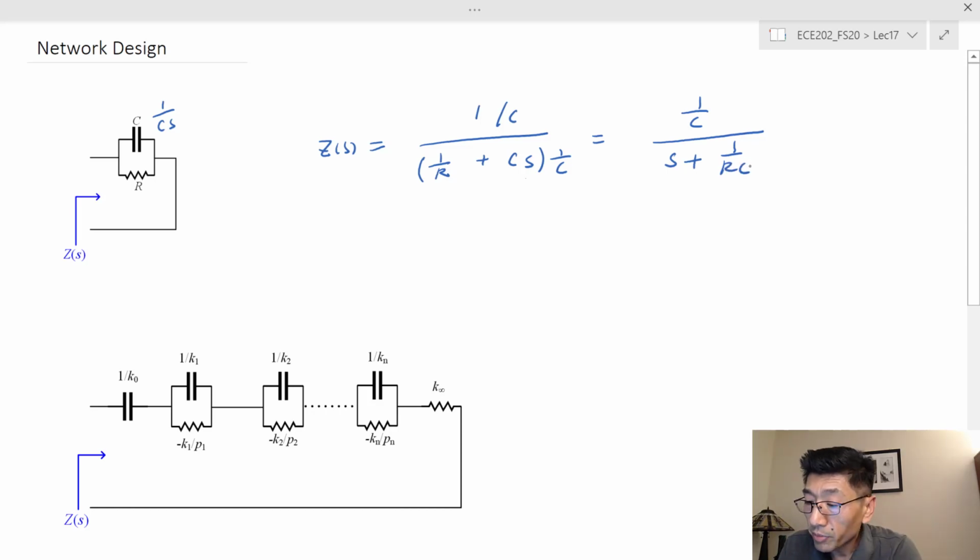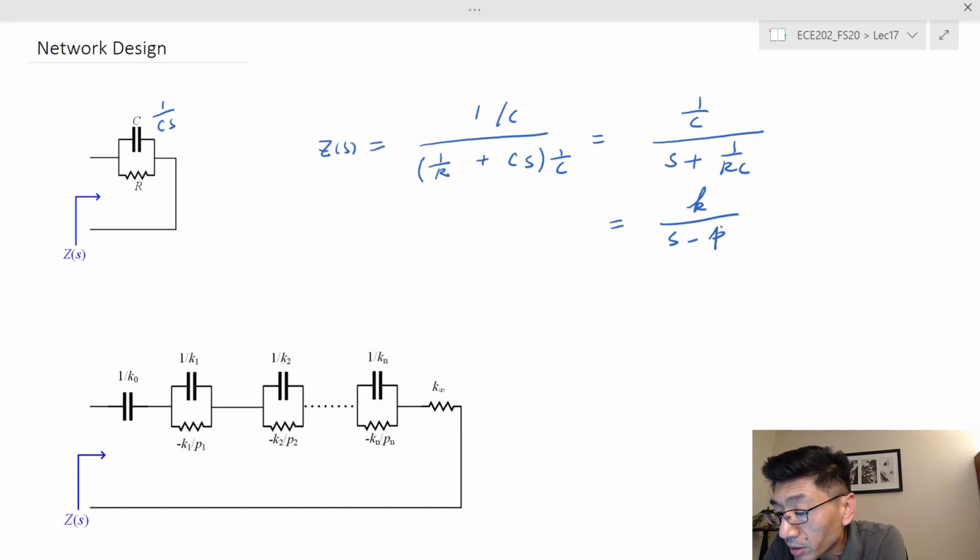If we have a partial fraction expansion term, then it has the form of K over S minus P, right? So we do the partial fraction expansion, and we may end up with something like this.